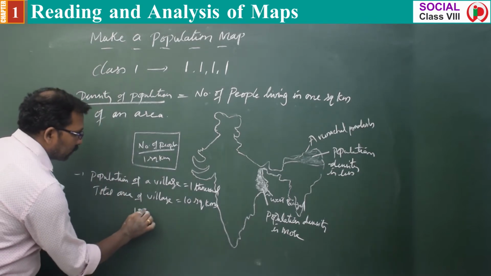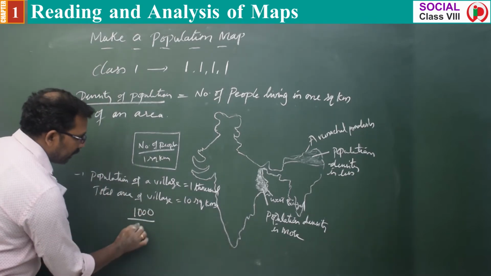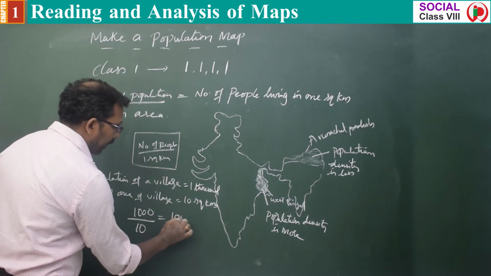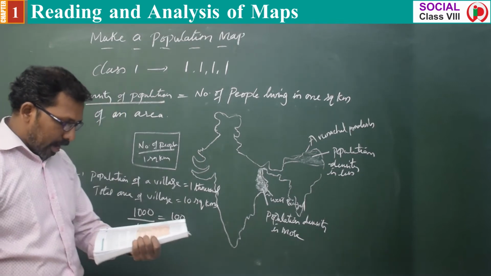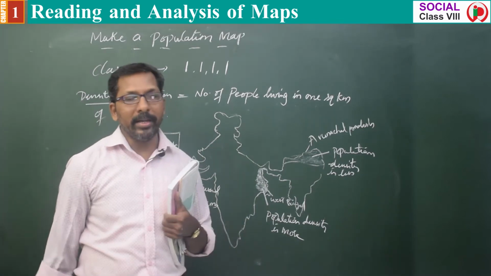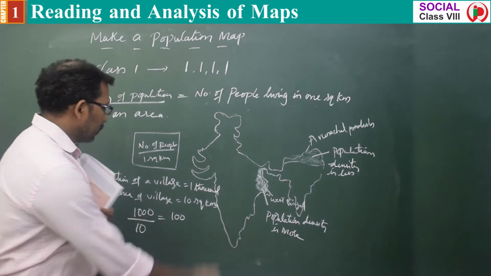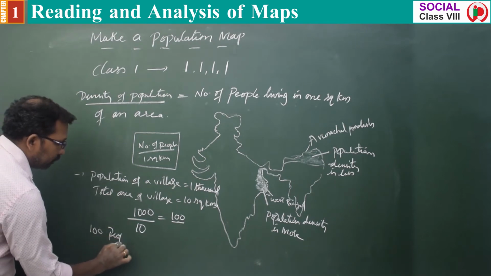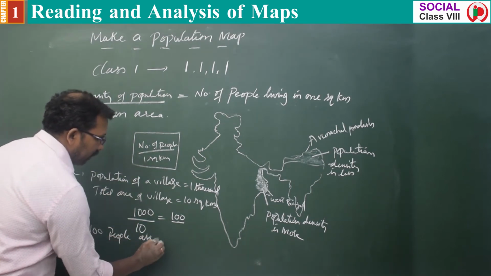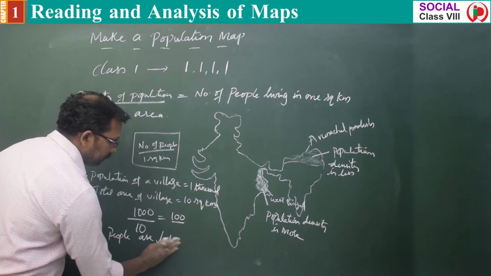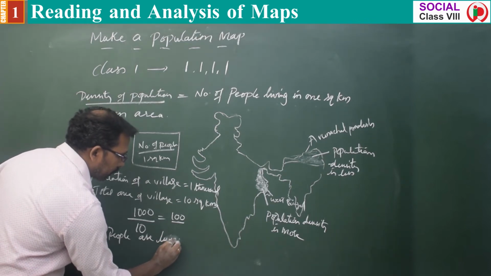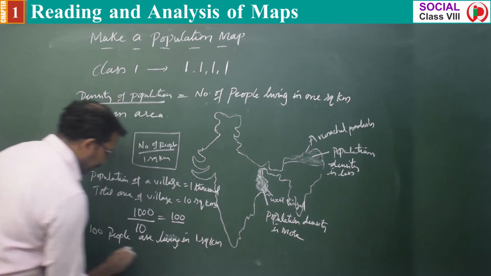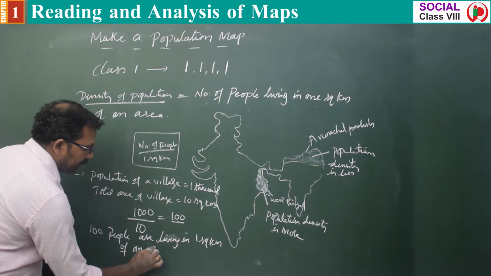So 1000 divided by 10, how much will it become? 100. So 100 people are living in 1 square kilometer of an area.